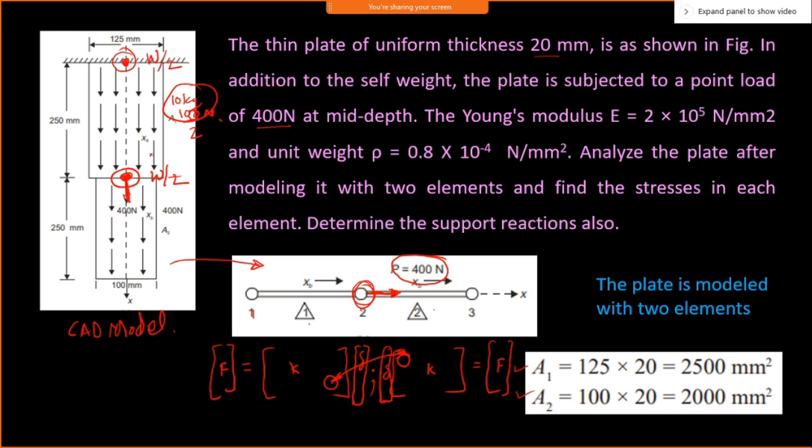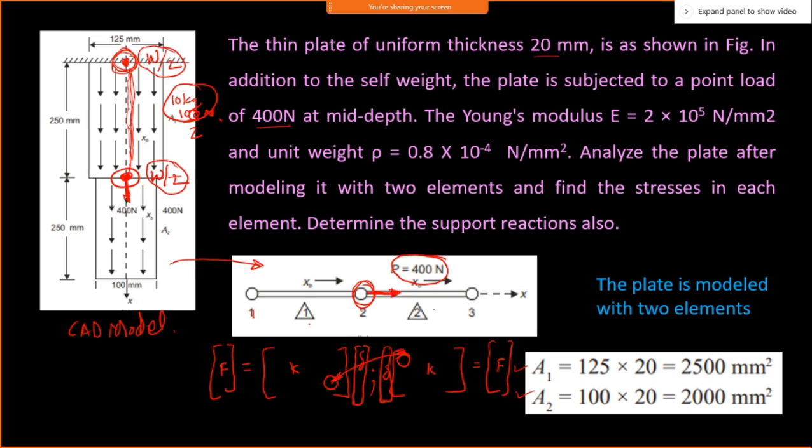That is how we can divide it, because you cannot apply the force within the element. We can apply the forces on the nodes only. So I have to divide it into two parts and apply onto the individual nodes. That is what is expected.